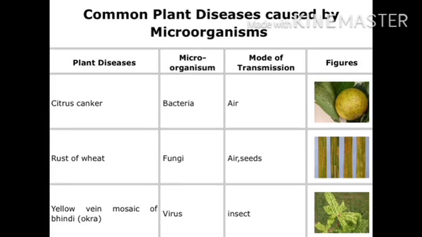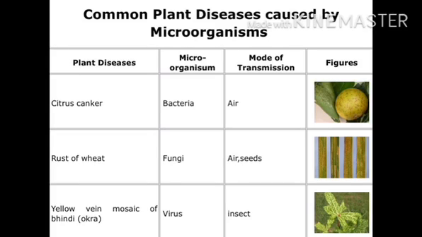Disease causing microorganisms and viruses in plants cause many diseases that destroy or harm the crop yield. The plant diseases reduce the crop yield.